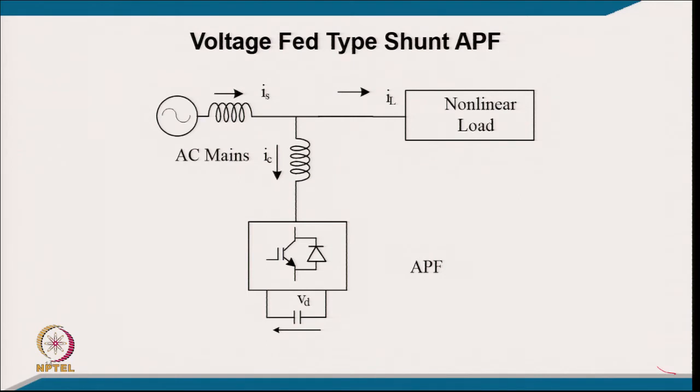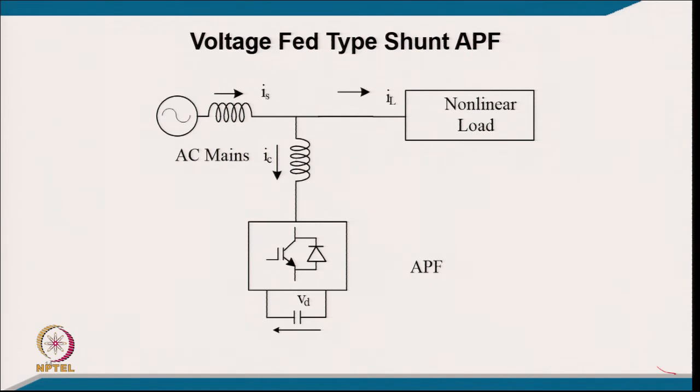So, what is it supposed to do? You want sinusoidal current here. The load draws harmonic and fundamental current. So, the harmonic current should be met from here locally, and only the fundamental current should be given by the supply. Along with the harmonic current you can of course generate reactive current or negative sequence current, but you have to certainly increase the rating of this shunt active filter.